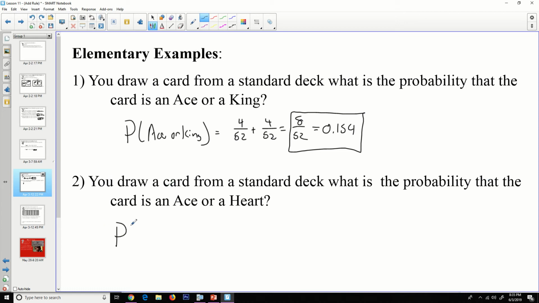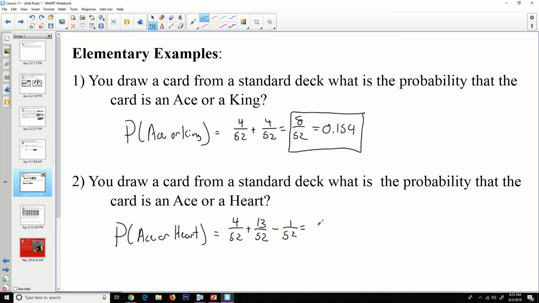You draw a card from a standard deck. What's the probability that it is an ace or a heart? And again, there are 4 aces in the deck, and there are 13 hearts in the deck. But if we do it like this, we've counted that ace that is a heart twice, once in here and once in there. So we have to subtract away one of those countings, which is the probability that it's an ace and a heart, and there's only one ace of hearts.